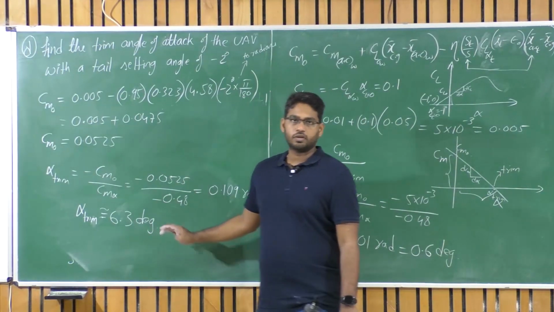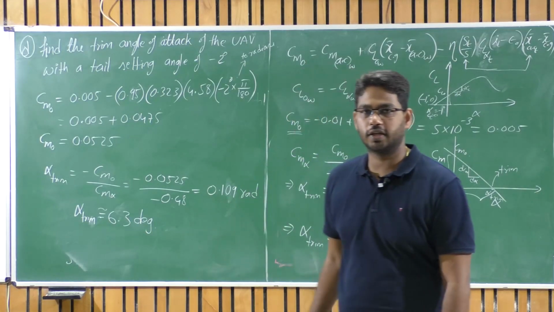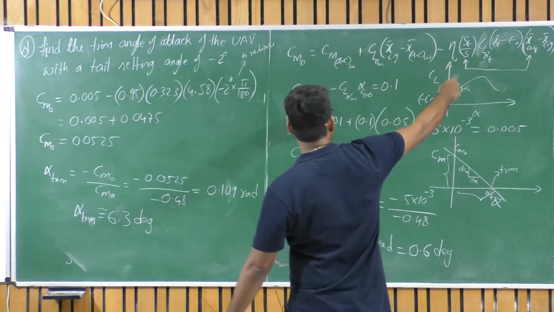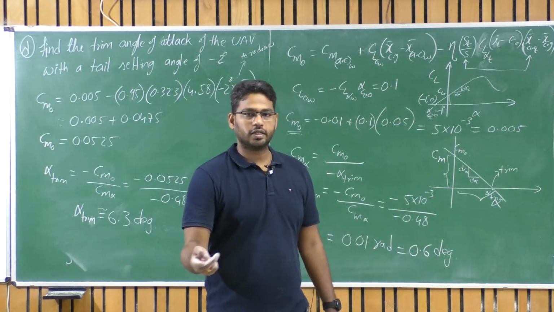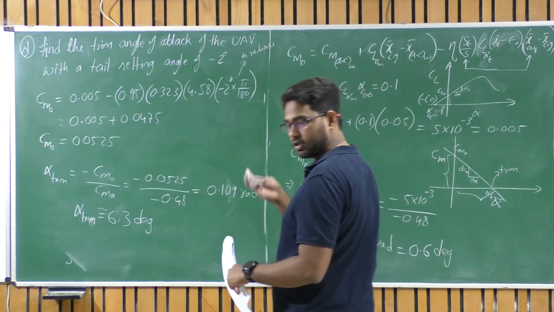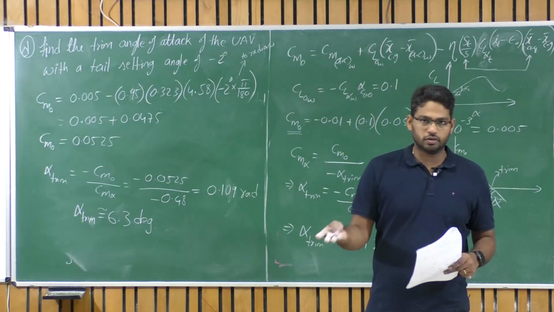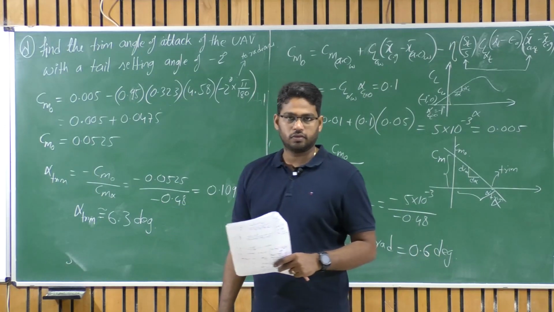So you are now able to trim the aircraft automatically without any elevator deflection at 6.3 degrees. So that's the significance of i_t. That is how it contributes towards static stability and helps you trim at positive angles of attack, which we have discussed from the start of the stability course. Okay, thank you.